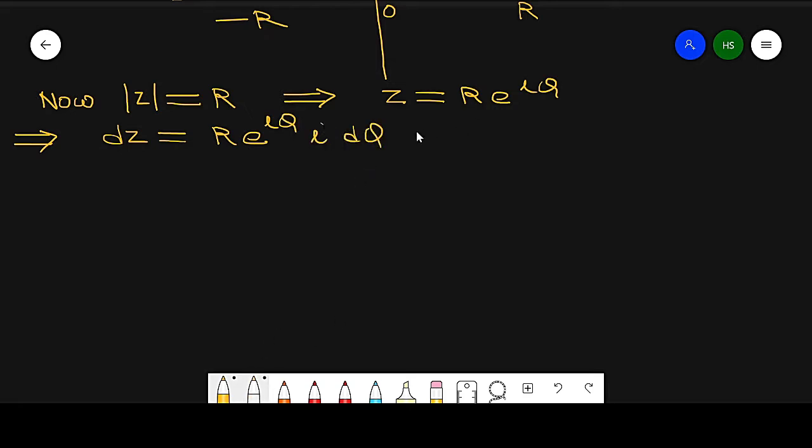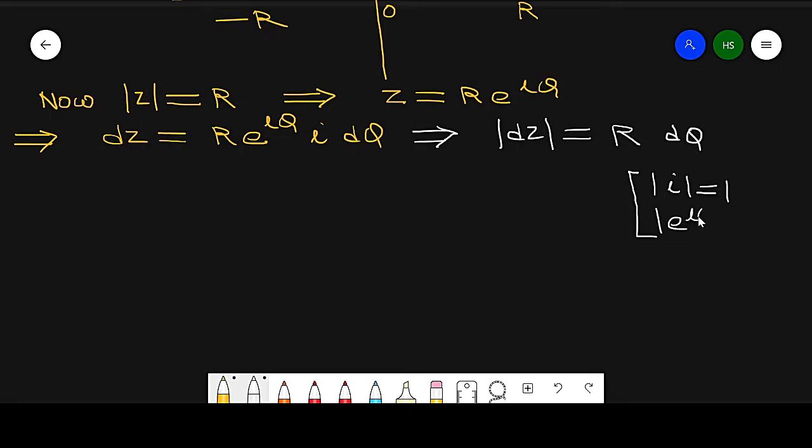My requirement is modulus of dz, which is R, because R is positive, modulus of iota is 1, modulus of e raised to power iota theta is 1, and d theta is positive. So I get modulus of dz equal to R d theta.